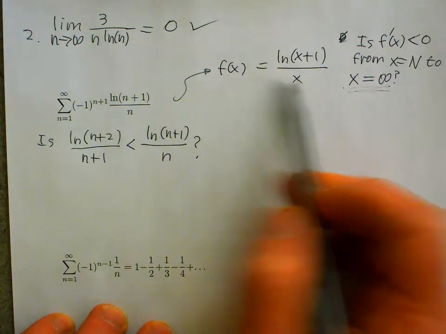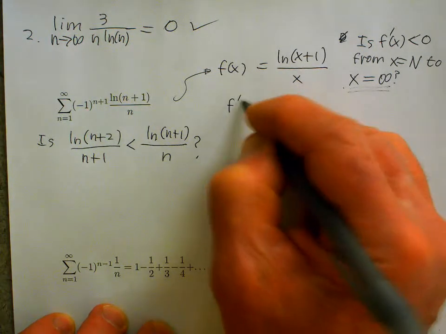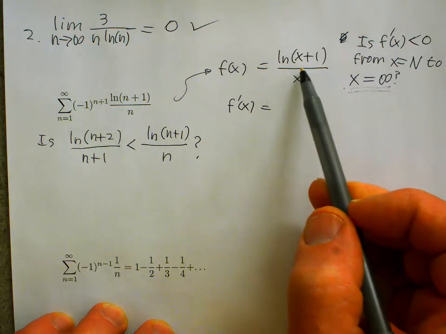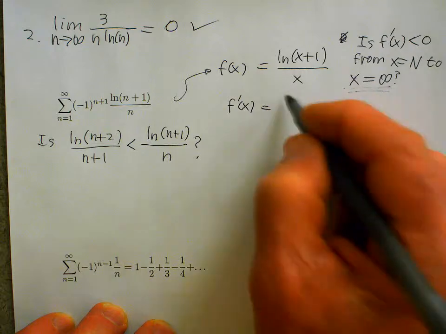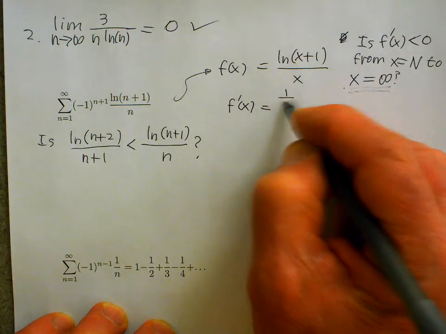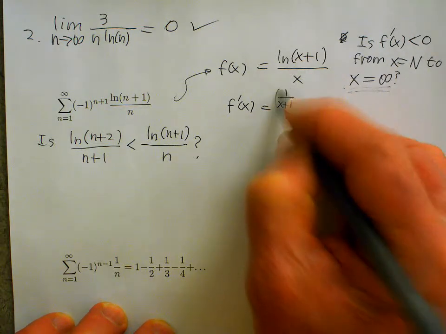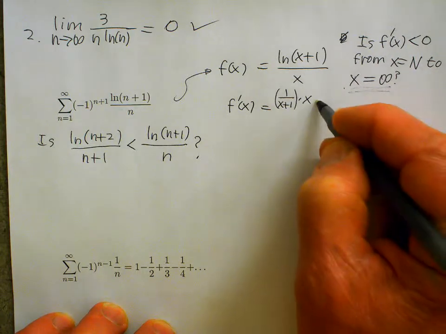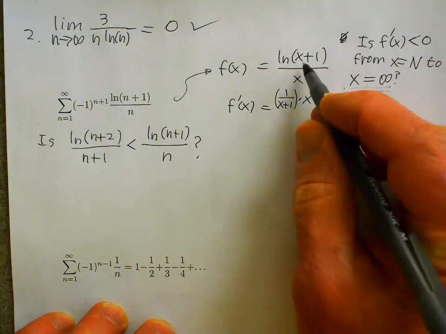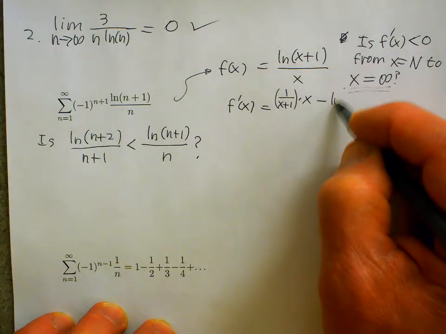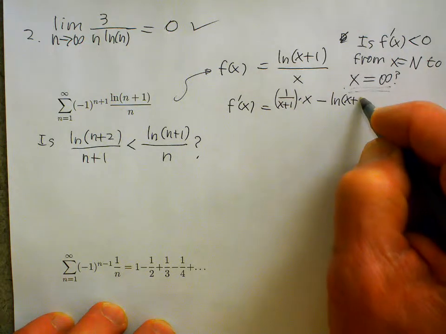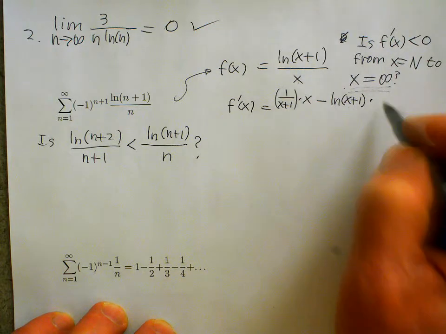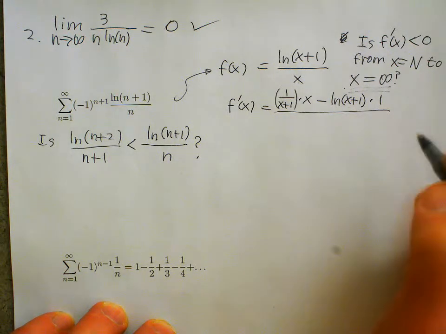Okay, well, just take the derivative. We'll apply the quotient rule. The derivative of the natural log of (x plus 1) is 1 over (x plus 1). So we multiply the derivative of the numerator by the denominator, then subtract what we have in the numerator multiplied by the derivative of the denominator, and then we square the denominator.